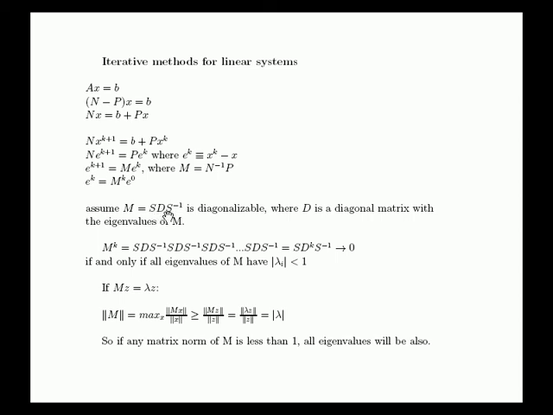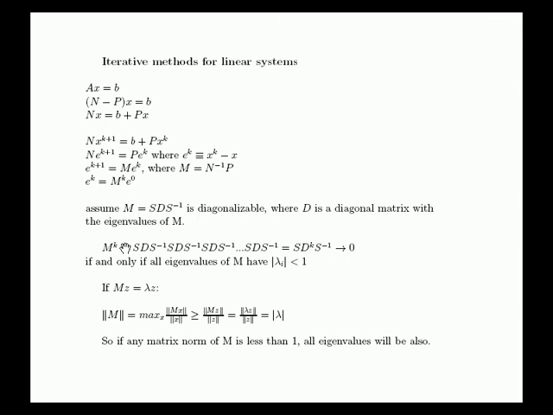So if M is similar to a diagonal matrix D, then D will have the eigenvalues of M, because D and M are similar matrices, so they have the same eigenvalues. And the eigenvalues of a diagonal matrix you just read off the diagonal. So D has the eigenvalues of M. We don't necessarily know what it is, but we're assuming that it exists.